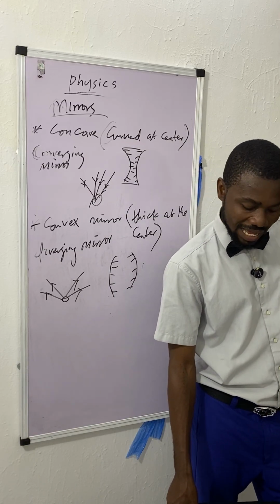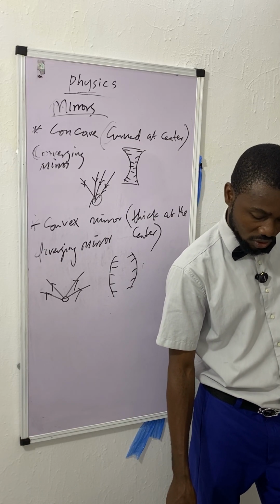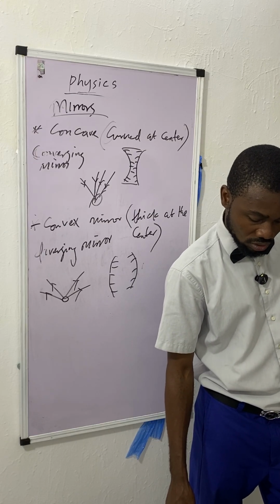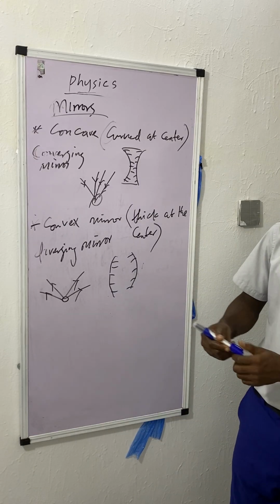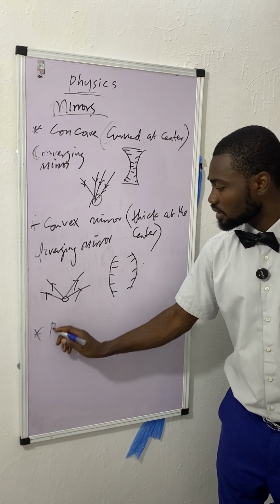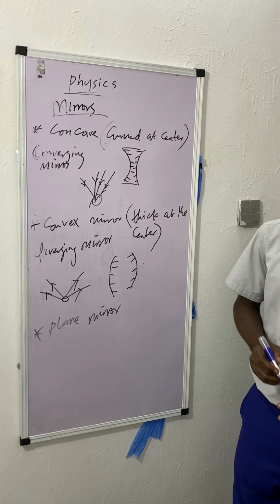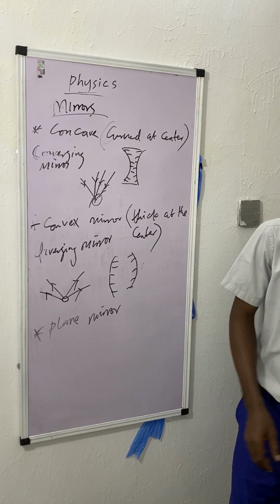So the reflection of light ray on a mirror, on concave or convex mirror, usually happens in its own pattern. There is a pattern at which it happens. Okay? We also have another mirror called plane mirror, the one that is not curved. Before I forget, plane mirror is not curved. That one is just plane mirror.